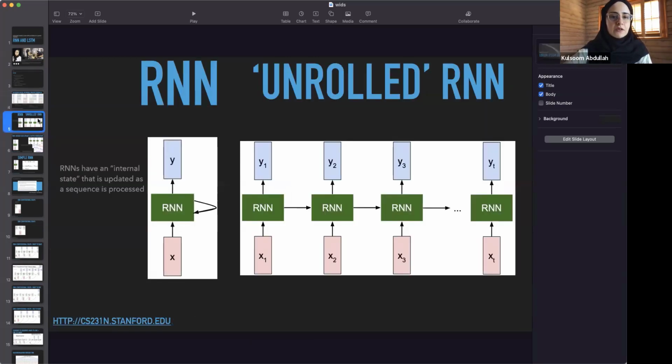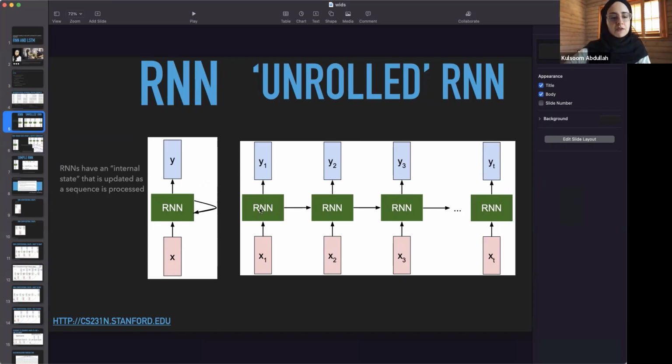Okay. So briefly with an RNN, the idea is that now, instead, in the middle, what you have is an internal state. And each time, as you can see on the right, this is what's called unrolled, you'll have an input. It goes into what I'll describe as the RNN, and then it gives an output.